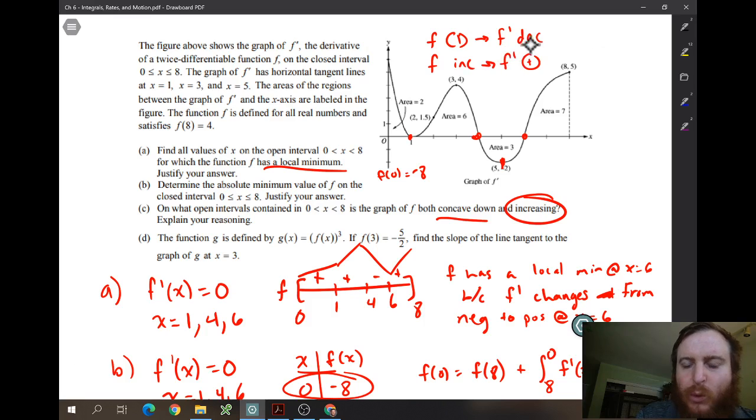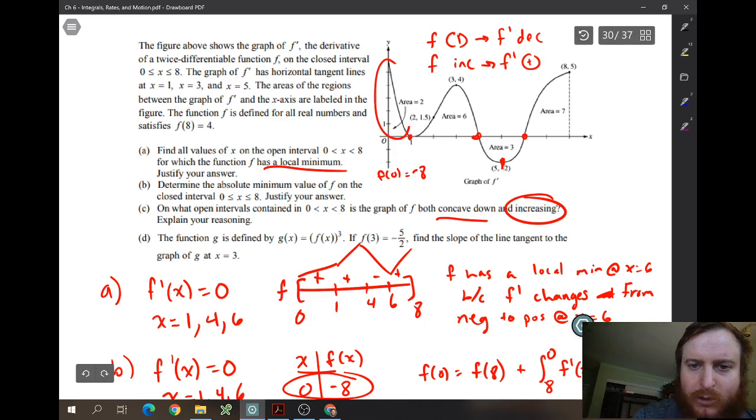So we want to find somewhere where f prime is decreasing, but it's above the axis. So it's decreasing and above the axis from 0 to 1. It's also decreasing and above the axis from 3 to 4, and nowhere else.